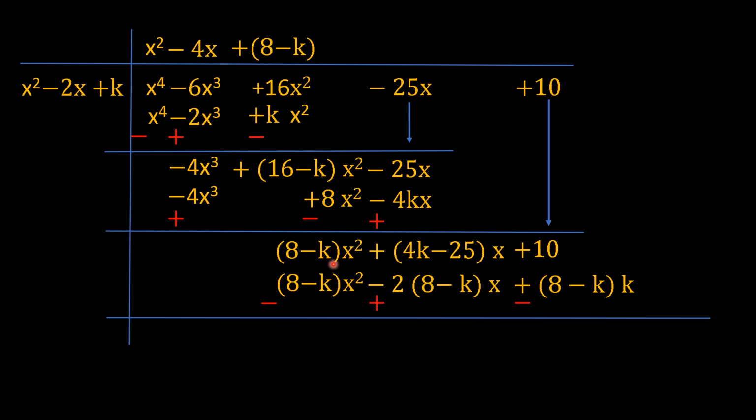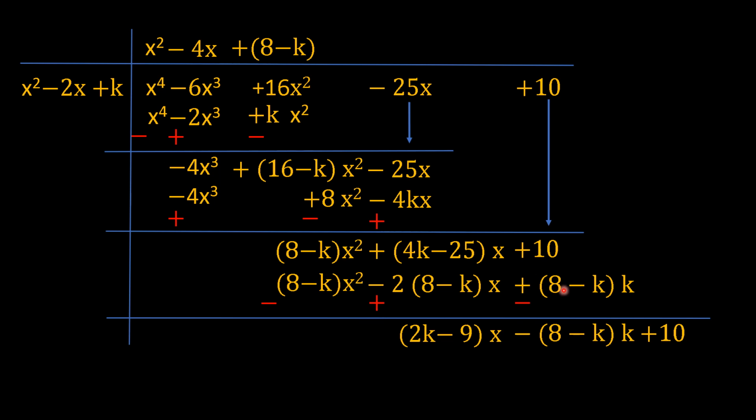Now (8 minus k) times x squared minus (8 minus k) times x squared will be 0, and this will be, see, 4k minus 2k will be 2k, and minus 25 plus 16 will be minus 9 times x.